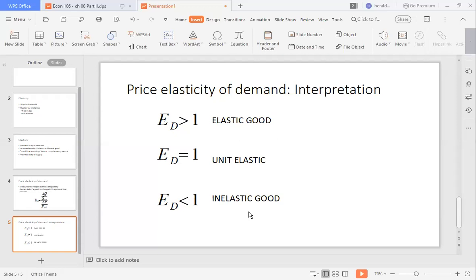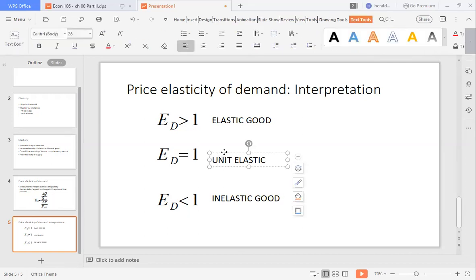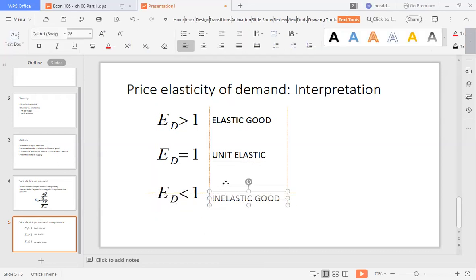So since we're talking about this category for elasticity, let's give some examples. I already mentioned Coke as an example for elastic goods. In this case, this is just by theory, so let's talk more about inelastic goods.